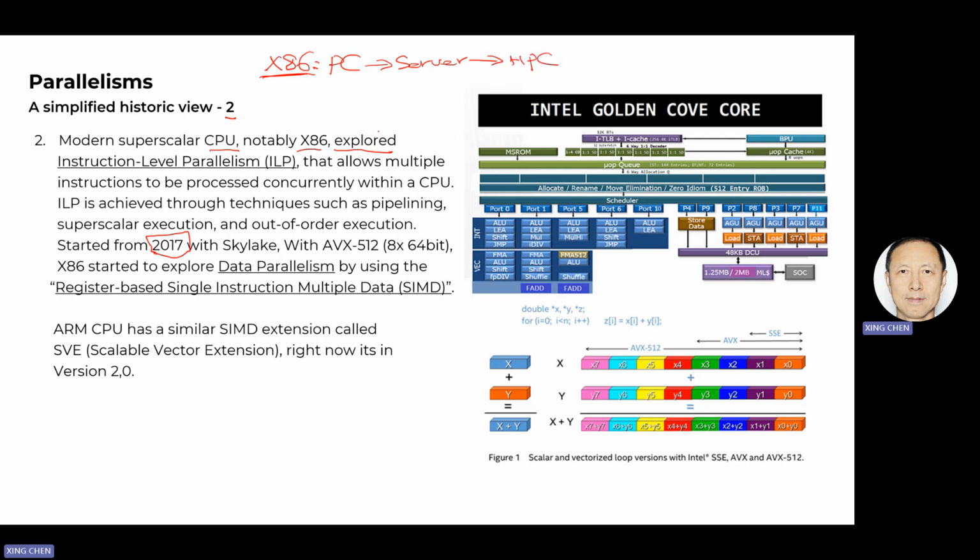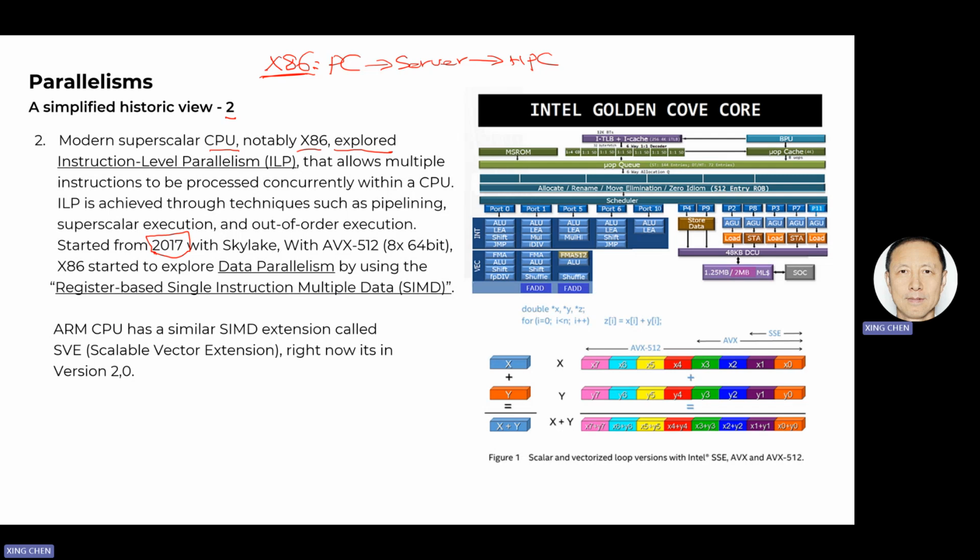But if you remember, at the beginning from the 90s, for a decade or two, the performance of the x86 was based on instruction level parallelism.